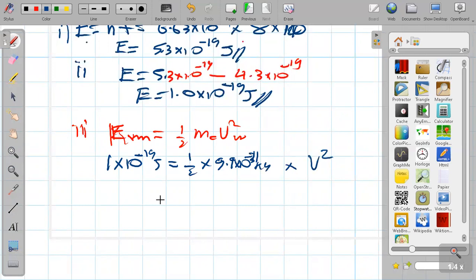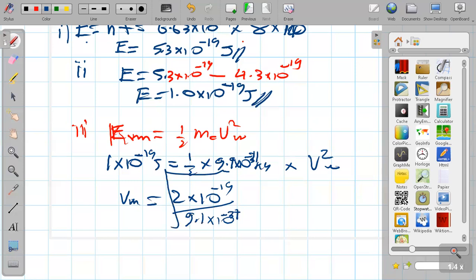So cross multiply, and v max equals 2 times 10 to the power minus 19 divided by 9.1 into 10 to the power minus 31, and the square root of this one.